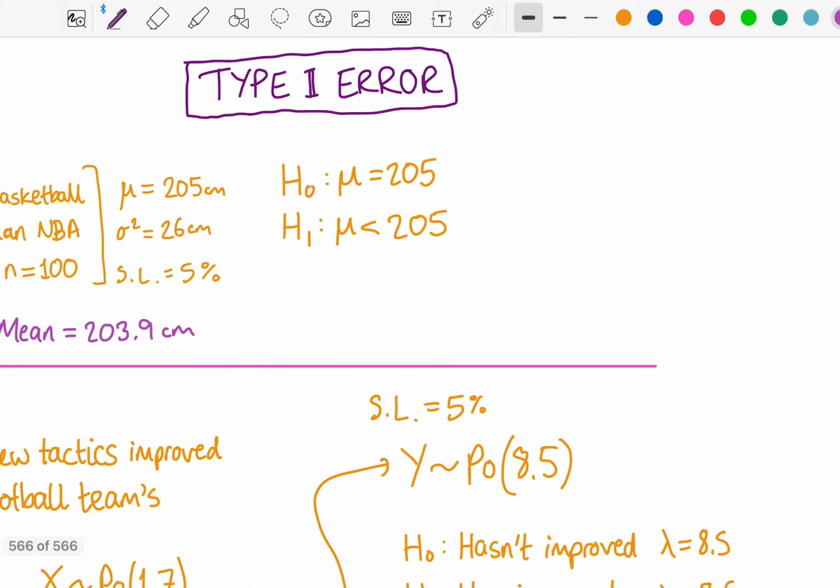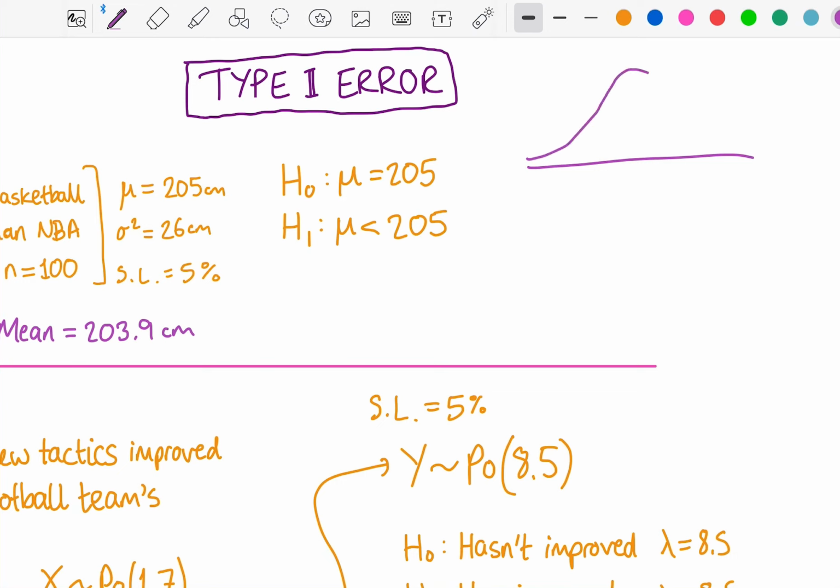Well, we can start off by finding the critical region. At what sort of mean sample height would we conclude that they are shorter?